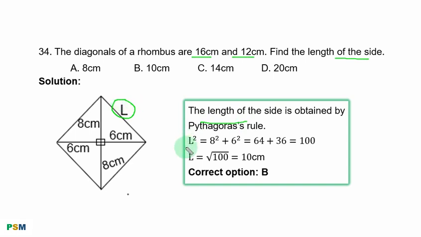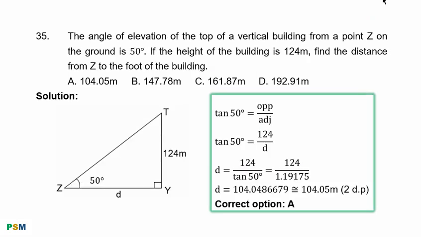So L squared is equal to 8 squared plus 6 squared. That is 64 plus 36 equal to 100. To get L, take the square root of both sides, and L is equal to 10 cm. The correct option is B.